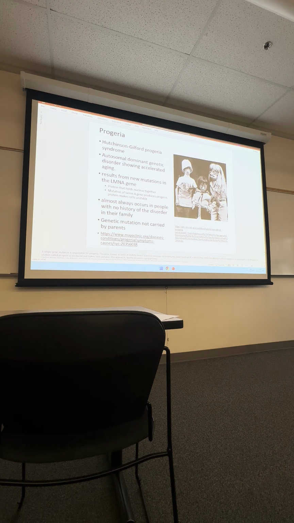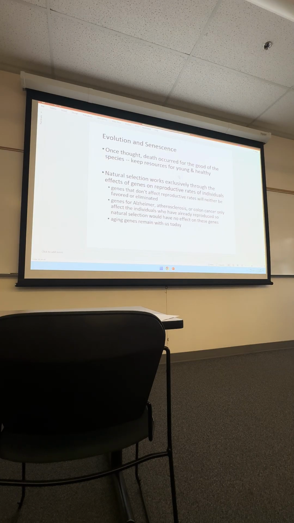It's autosomal dominant, but nobody in their family necessarily has a history of it, so it has to be a genetic mutation in that dominant gene. These individuals are only 12, 13 years old, but they look like they're 70, 80, 90 years old. Progeria. Kind of strange. Not carried by the parents.